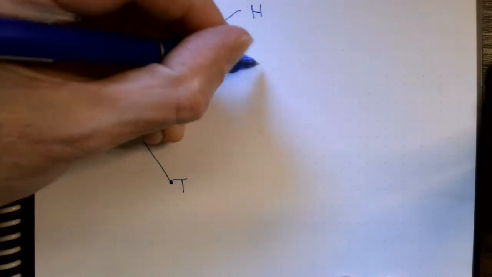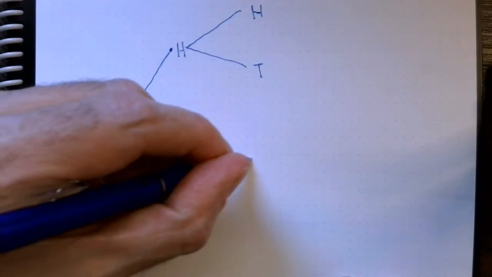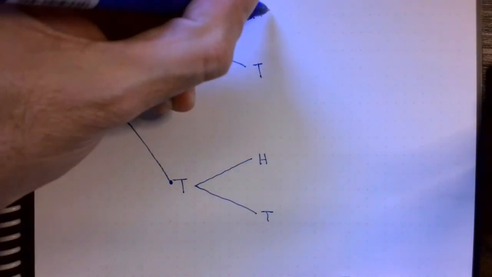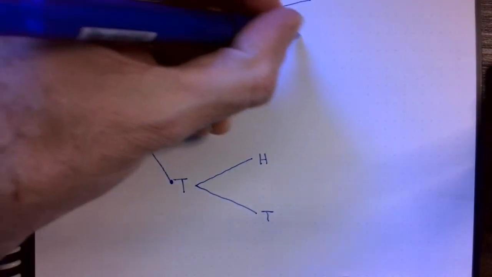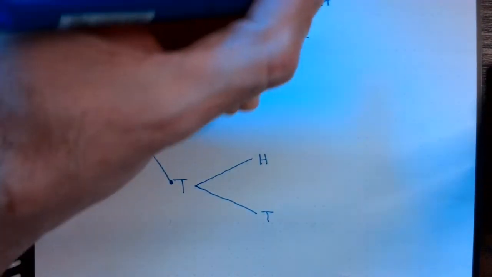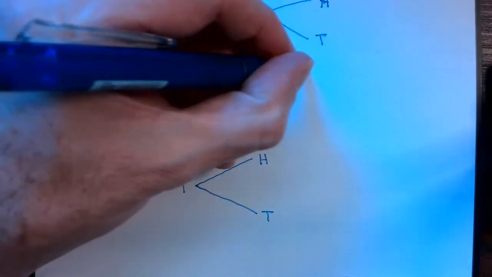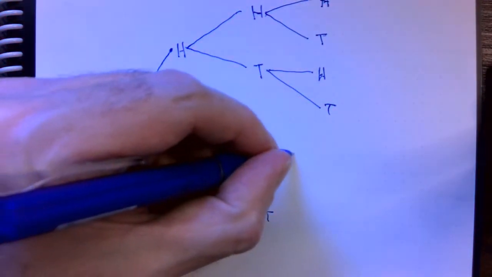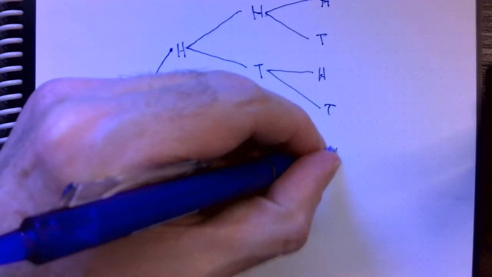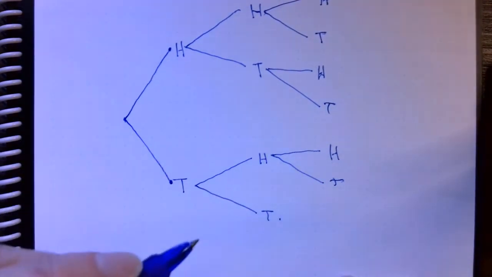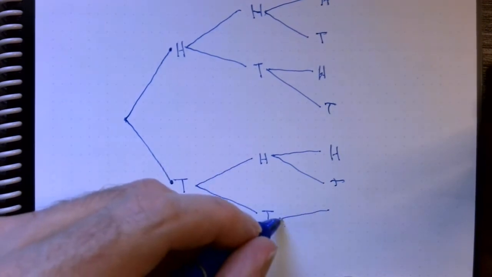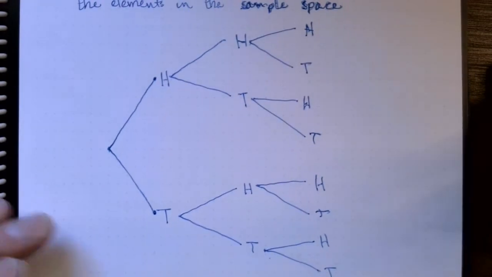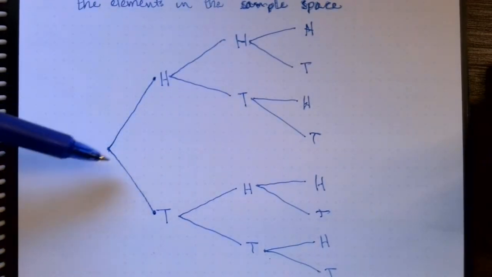And I toss the second time and once again it either comes up heads or it comes up tails. And finally the third toss, okay, so this is a little representation of all the possible outcomes.